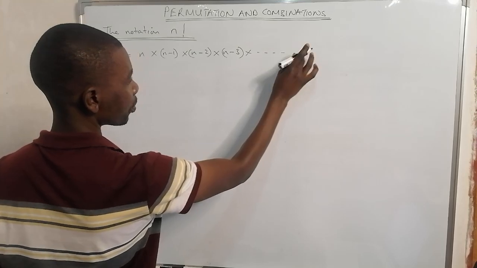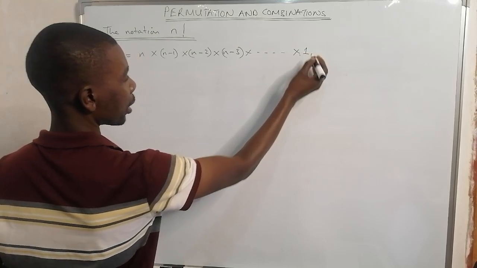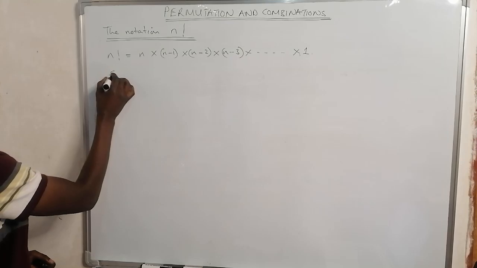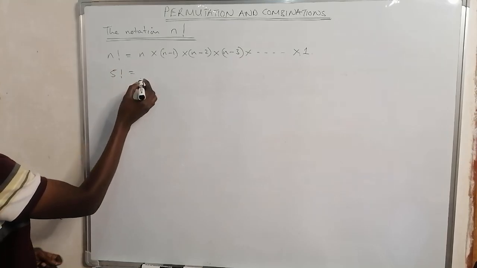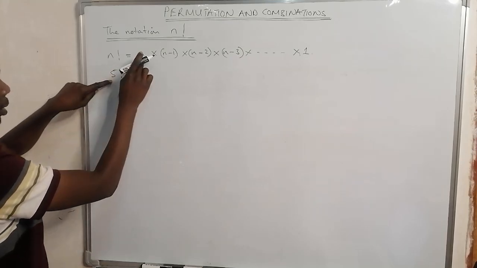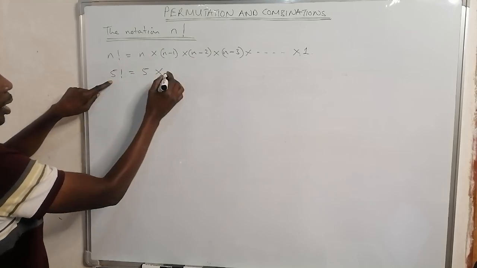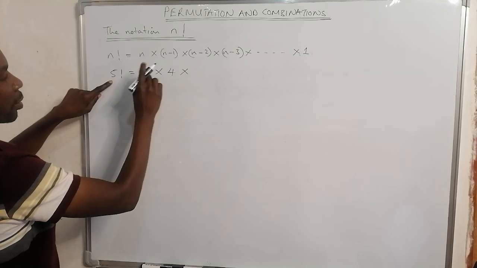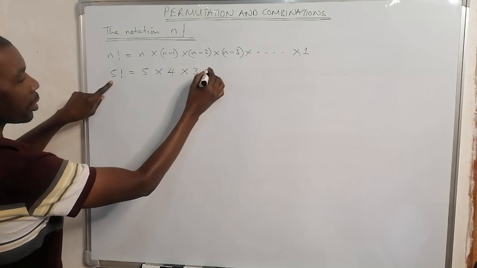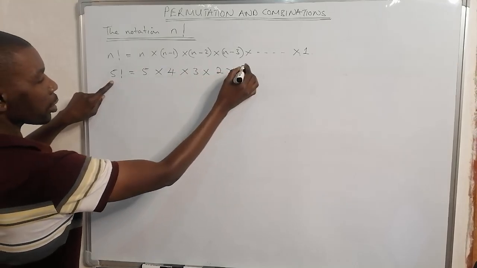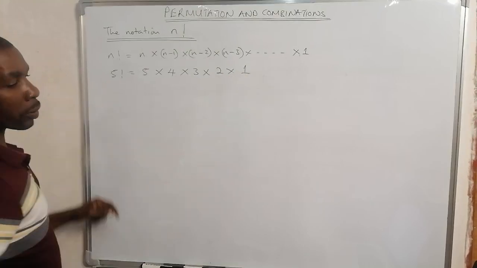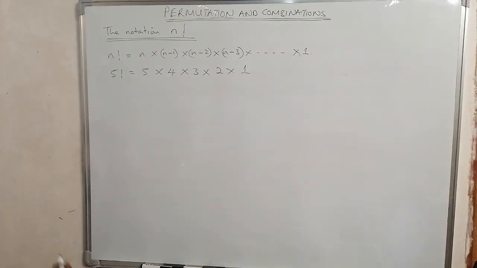That's the last term. Let's say we are given 5 factorial. This is 5 times 4 times 3 times 2 times 1, which is the last term. This is what we mean by factorial.